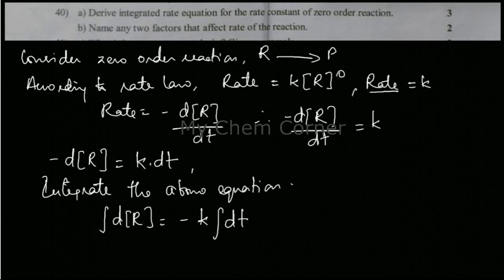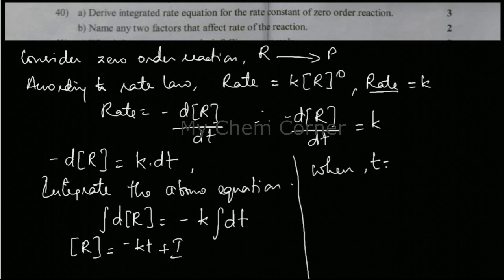Now when you simplify this, you will get R is equal to minus KT plus I. Now I is called an integration constant. So now you're going to consider that when T is equal to 0 and R is equal to R0, which is the initial concentration at initial time.